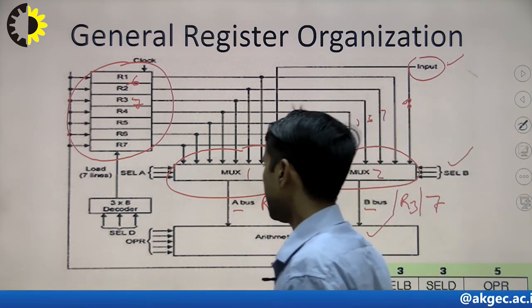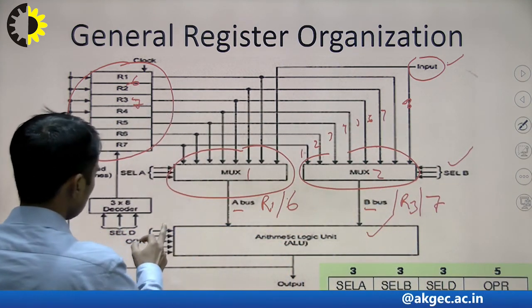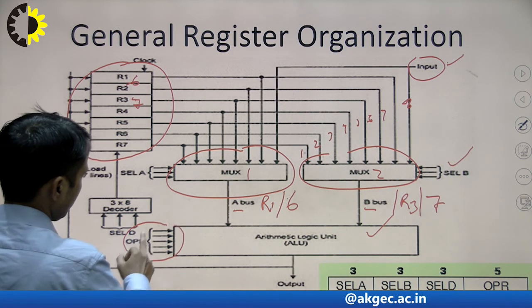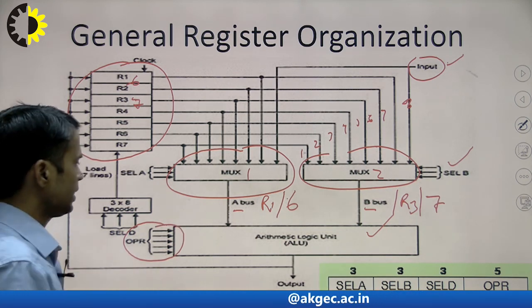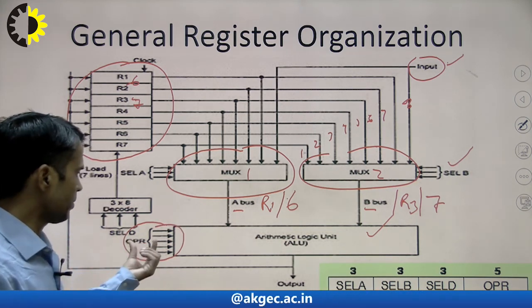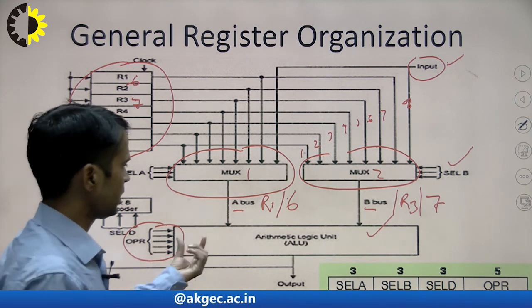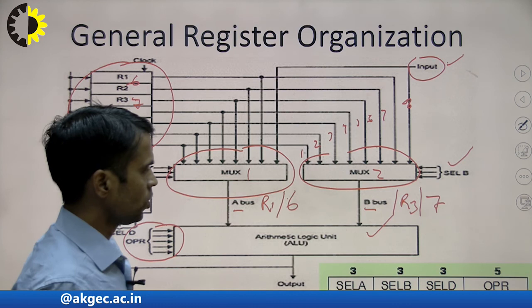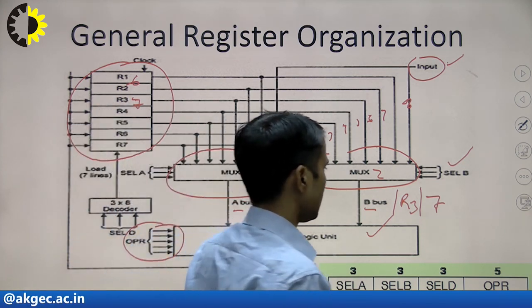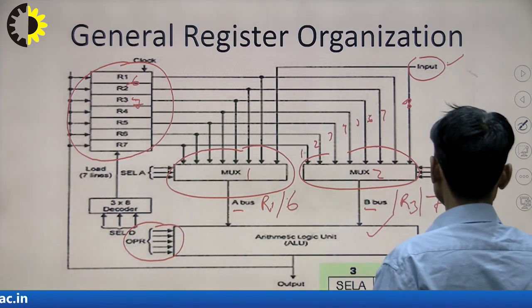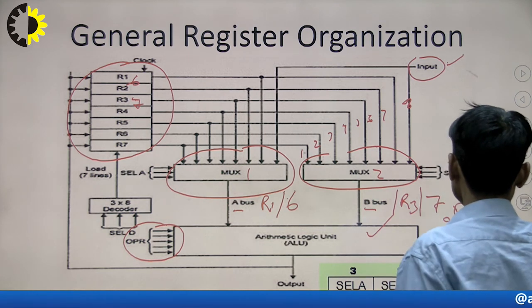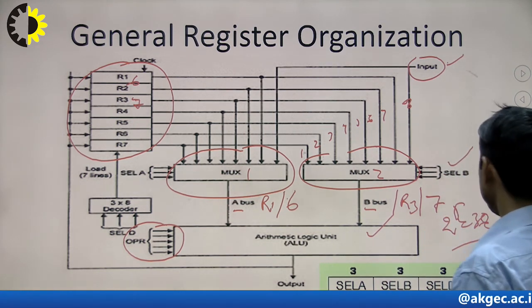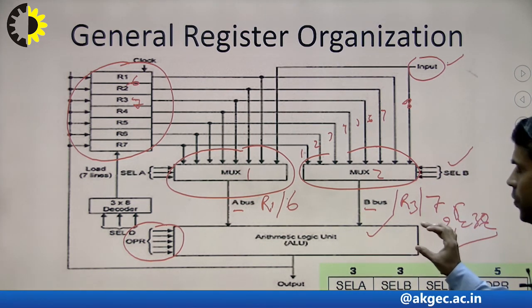We can see here the ALU is connected to a 5 bit operation selection line. This 5 bit operation selection line basically tells the ALU which operation is to be performed. So, 2 raised to the power 5, that is 32 operations, are possible with this ALU.